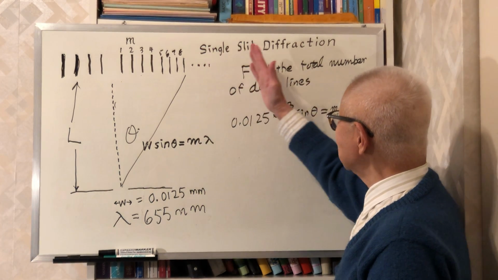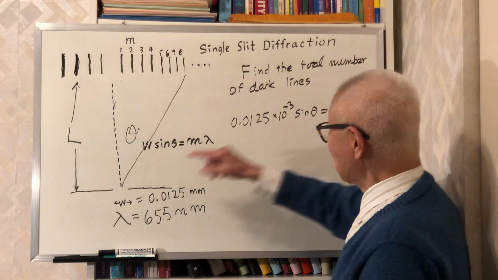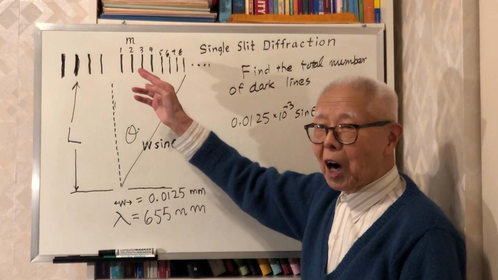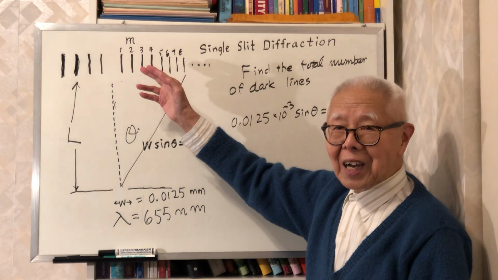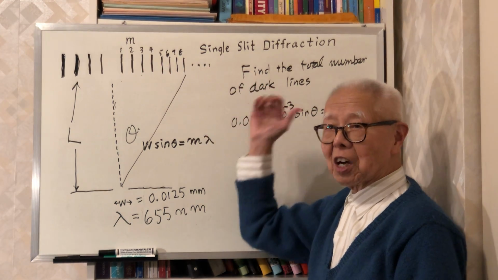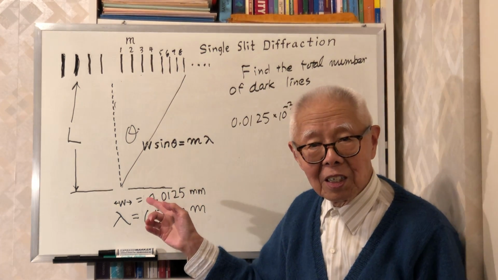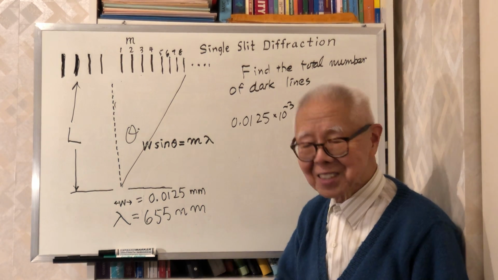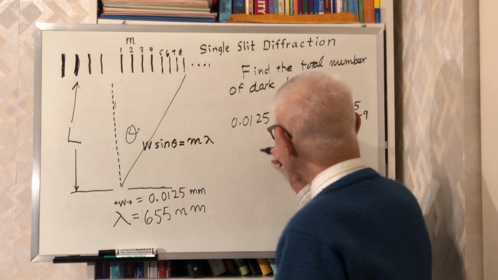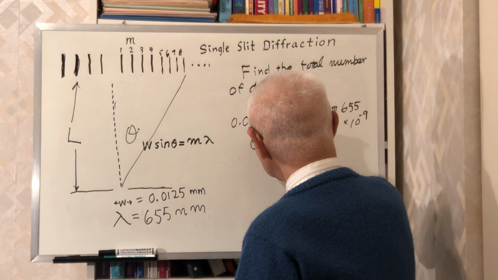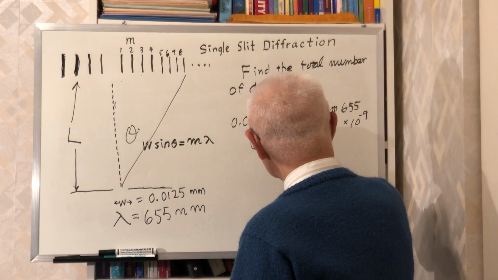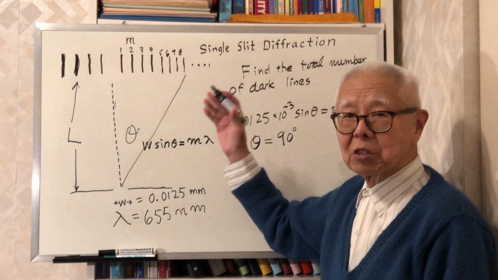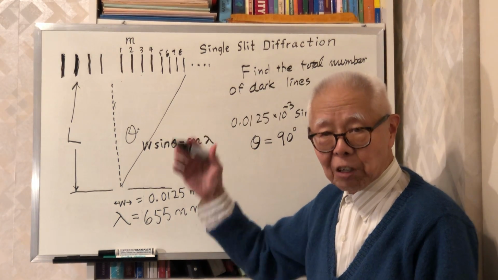because the dark lines continue, if you want to count all the dark lines here, what is theta? Theta becomes 90 degrees, right? Finally, theta is 90 degrees, so that all the dark fringes are counted.